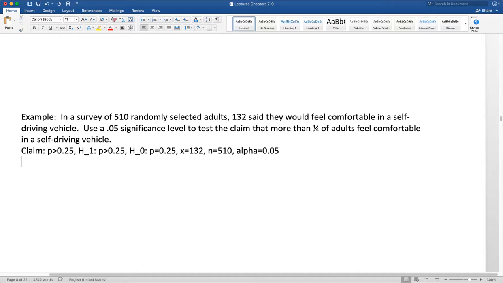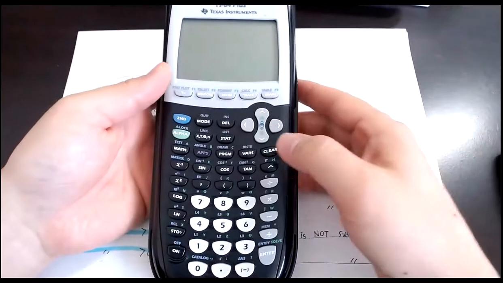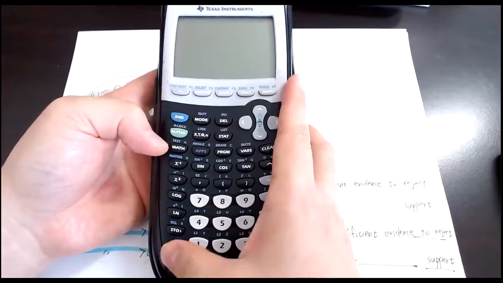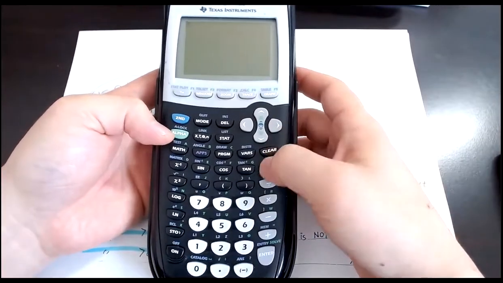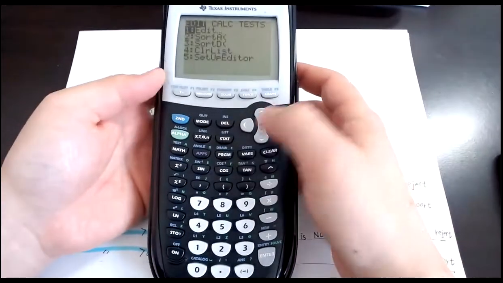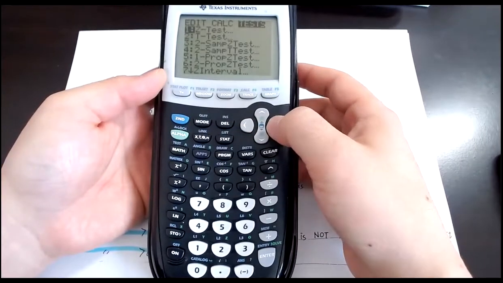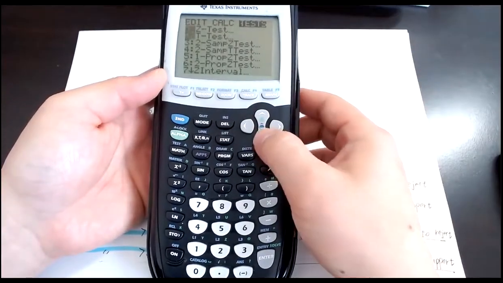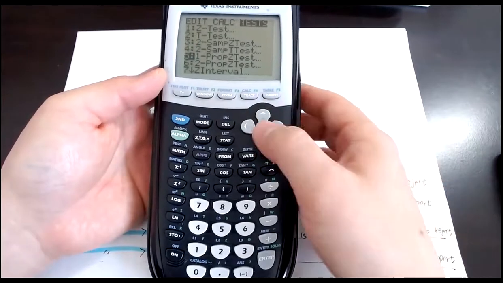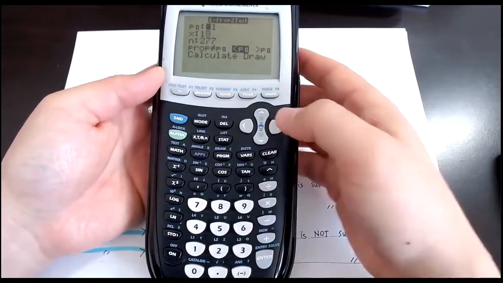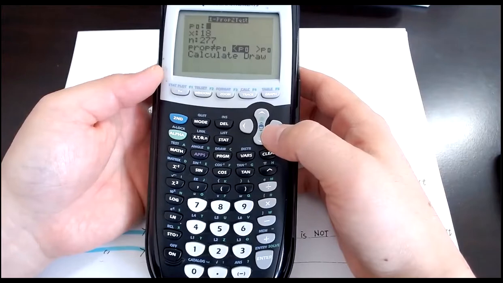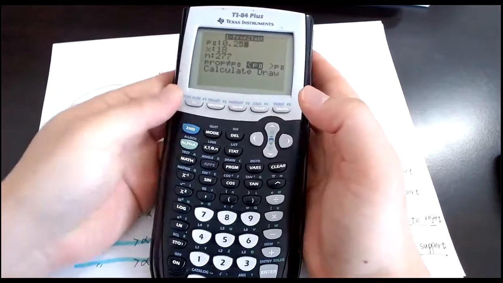Now, using the calculator, we can figure out the p-value and the test statistic, right? So we go to the STAT menu, then TEST, and we choose 1-PropZTest. Okay, p sub 0 is 0.25 from the null hypothesis.